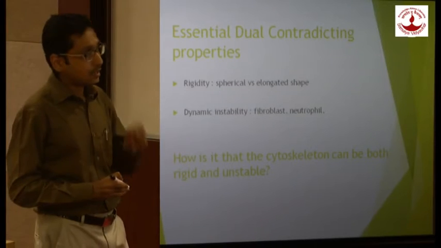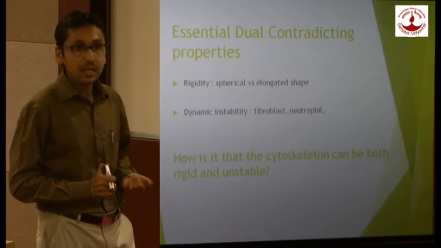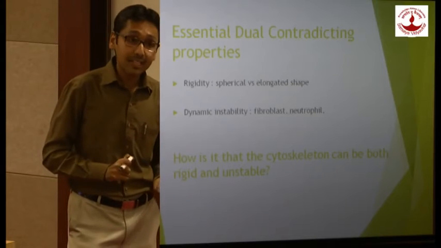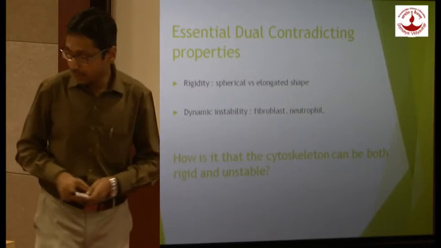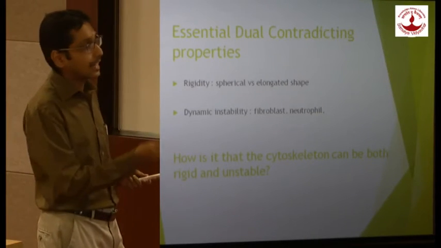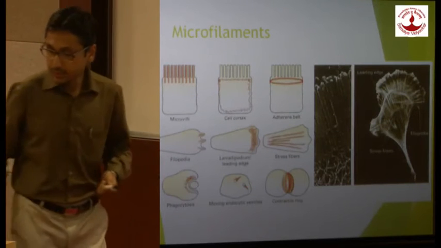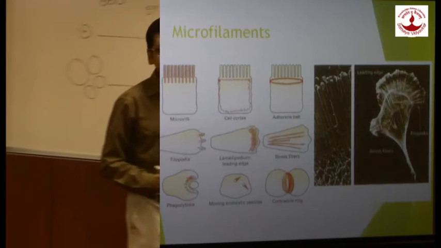But the critical question that we ask here is, how is it that the cytoskeleton can be both rigid as well as unstable? This is one of the key questions that we are going to answer in this lecture. With this we start with the first cytoskeleton element, the microfilament.